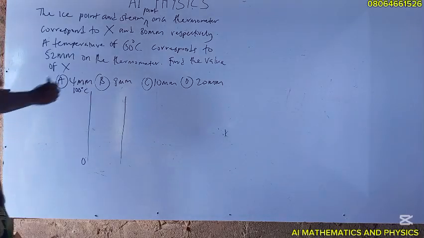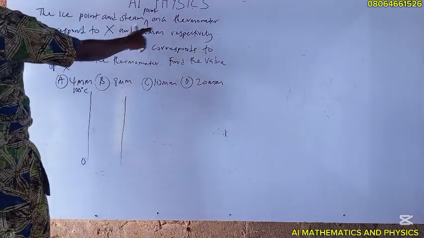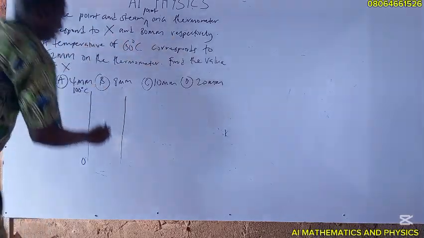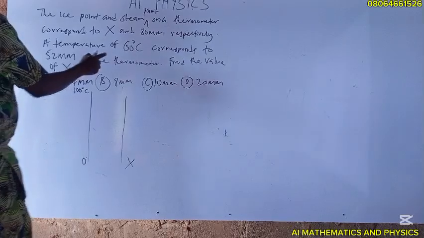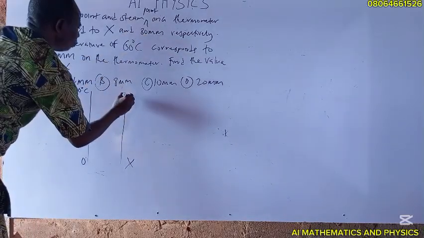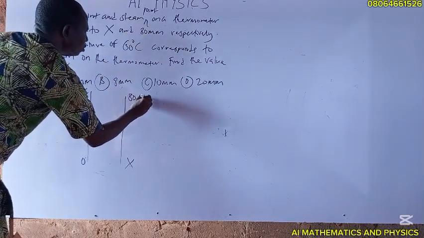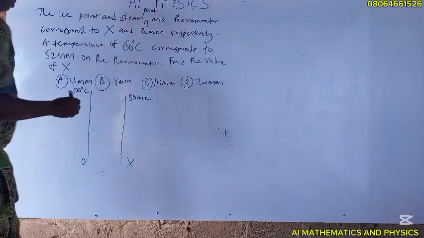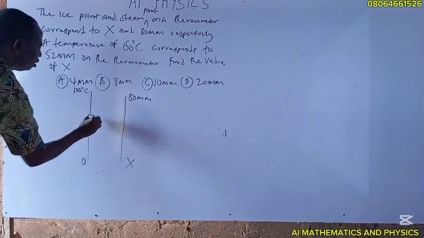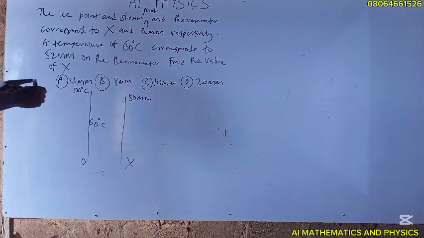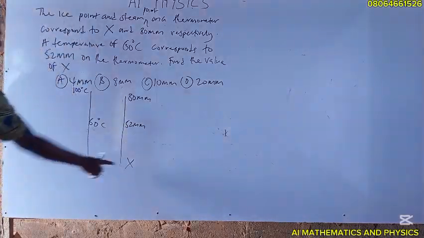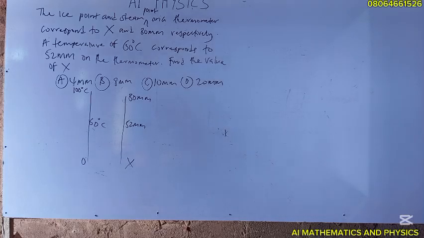But here, the ice point and steam point correspond to x, which means ice owns this x, and steam is the owner of this 80 mm. Then this middle one is 60°C, corresponding to 52 mm. And we have to find the value of x.